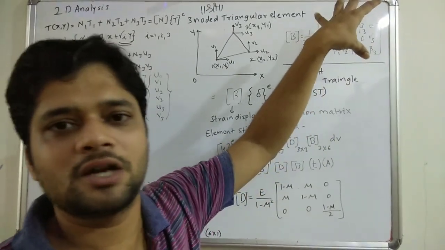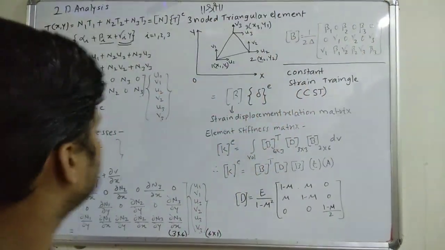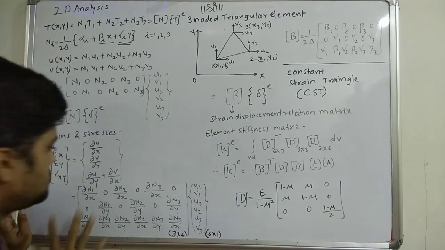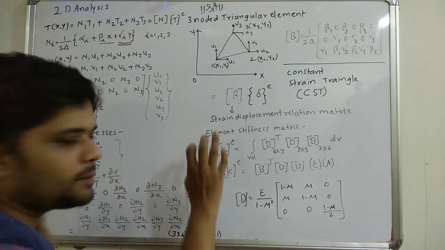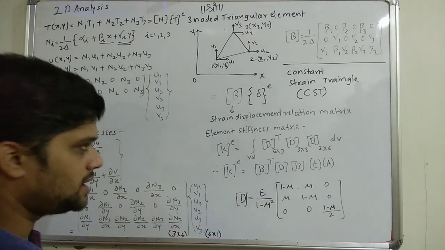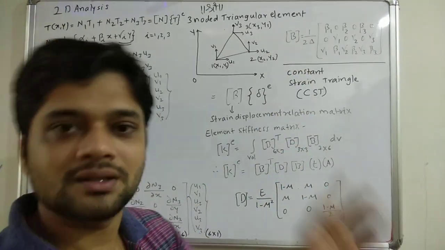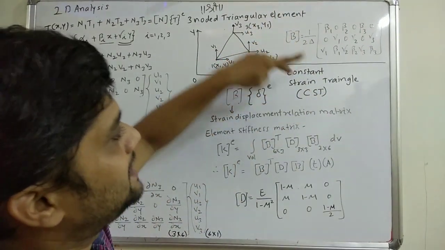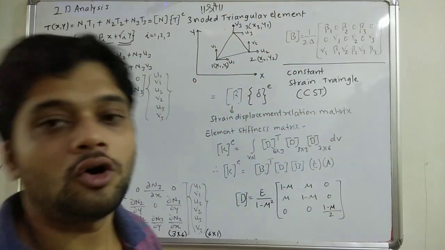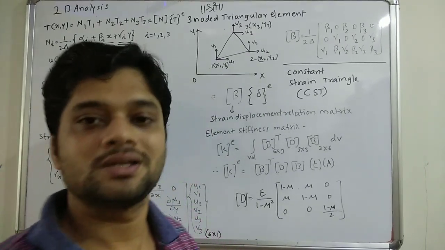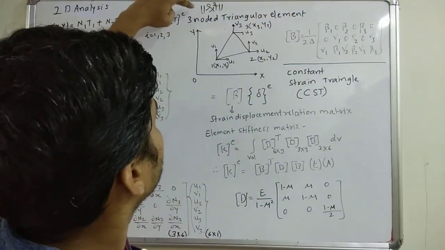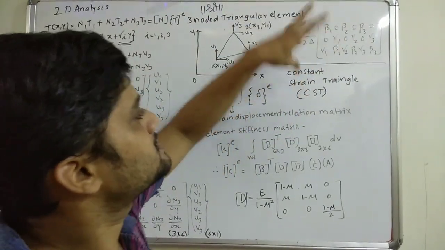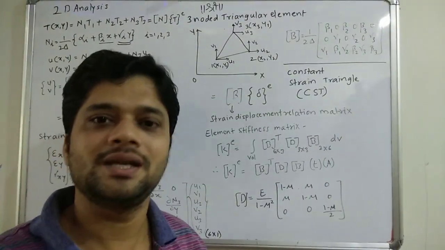Betas and gammas are constants, and that is the reason why strain becomes constant: a constant multiplied by primary variable. That means it will be a constant at all stages, and that is the reason this 3-noded triangular element can also be called constant strain triangle element, or in short CST element.